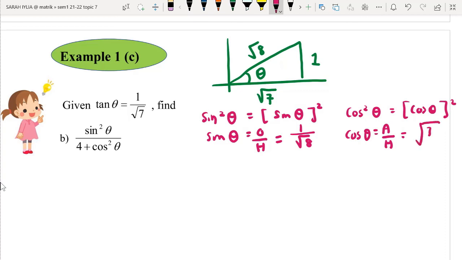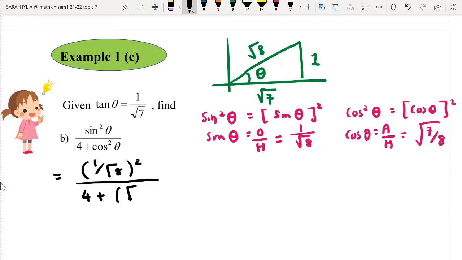Saya satukan terus root 7 over 8. So substitute this into our question. We will get sine squared is basically 1 over root 8, the whole thing squared. Divided by 4 plus cos squared. So we have root 7 over 8 squared. Lepas tu, sama je konsep. Awak tekanlah calculator. And then kita akan dapat answer here is 1 over 39.